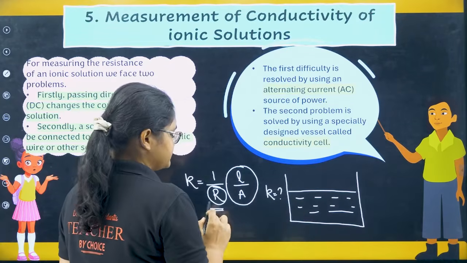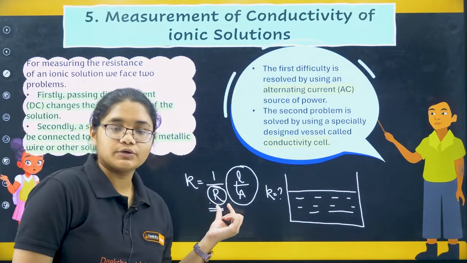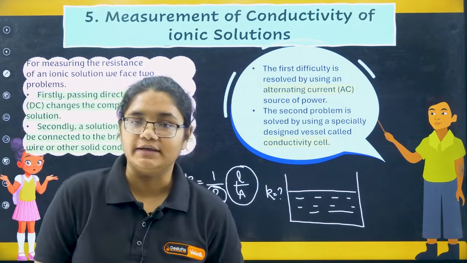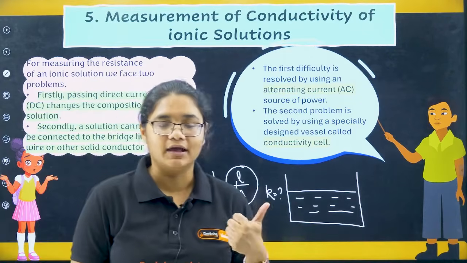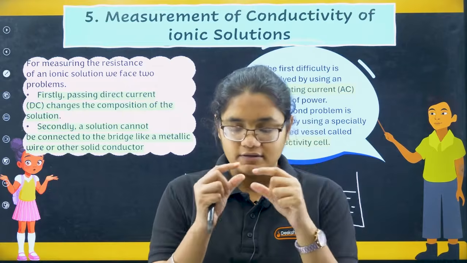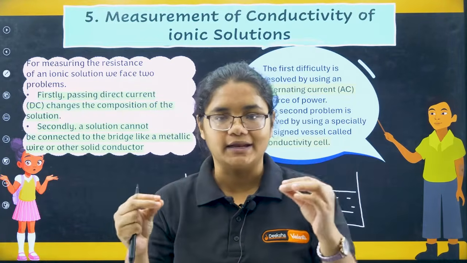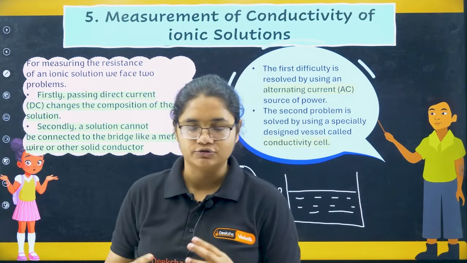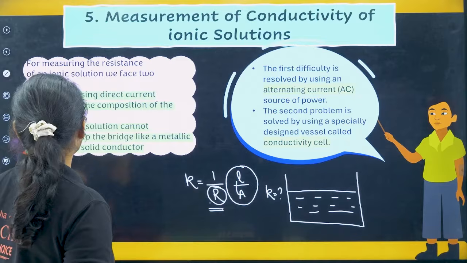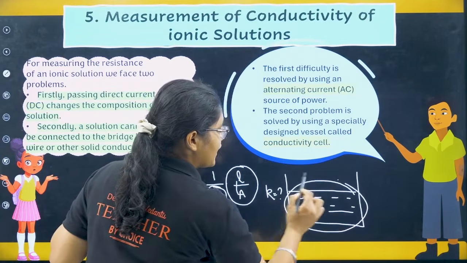You need to know the resistance and the L by A value. For resistance, you can use a Wheatstone bridge. But in a Wheatstone bridge, you give direct current, and if there is a solid substance like a metal electrode, you can connect it and calculate the resistance. But with an ionic solution, two major problems arise in calculating its resistance.